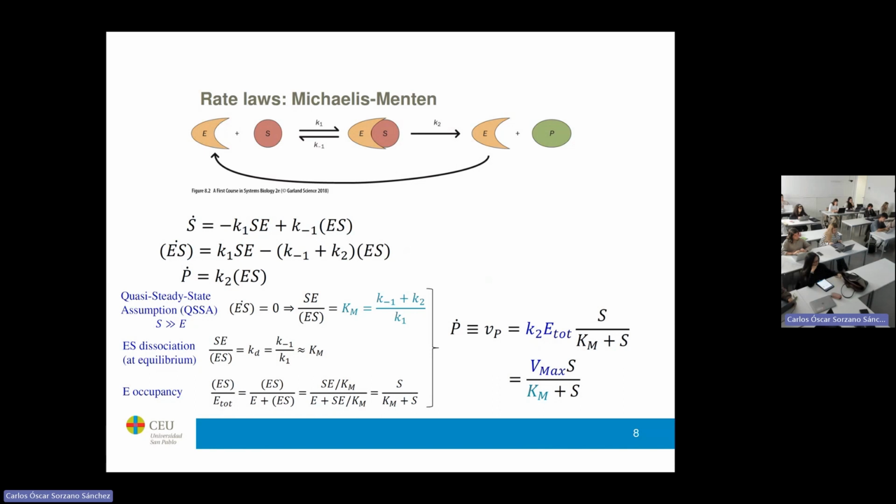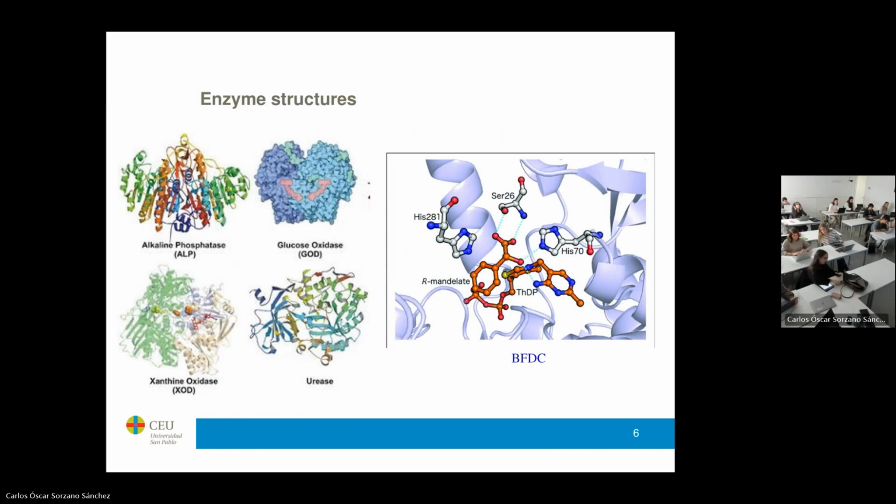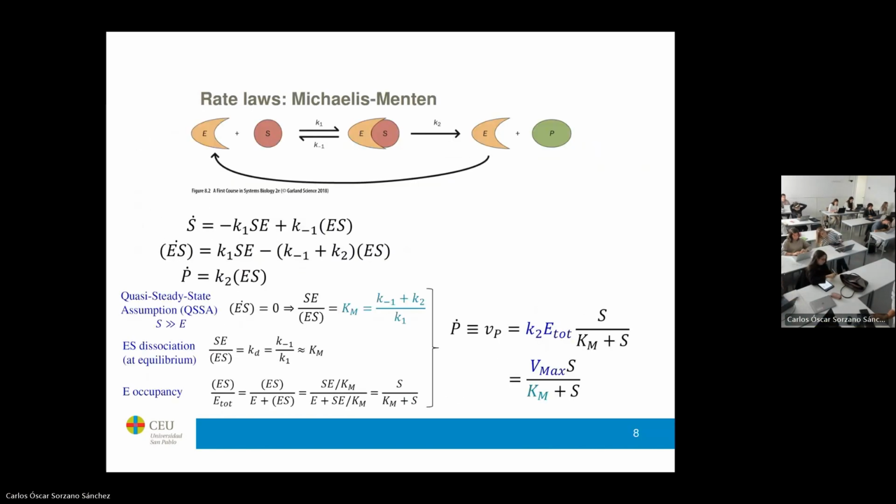So which is the rate at which those processes happen? It releases the product with constant K2, or it disassembles with rate K minus 1.